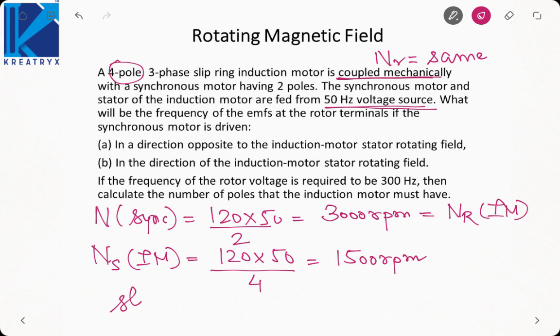So the slip is given by (Ns plus Nr) by Ns. When the magnetic field and rotor both rotate in opposite directions, the slip comes by addition. How?